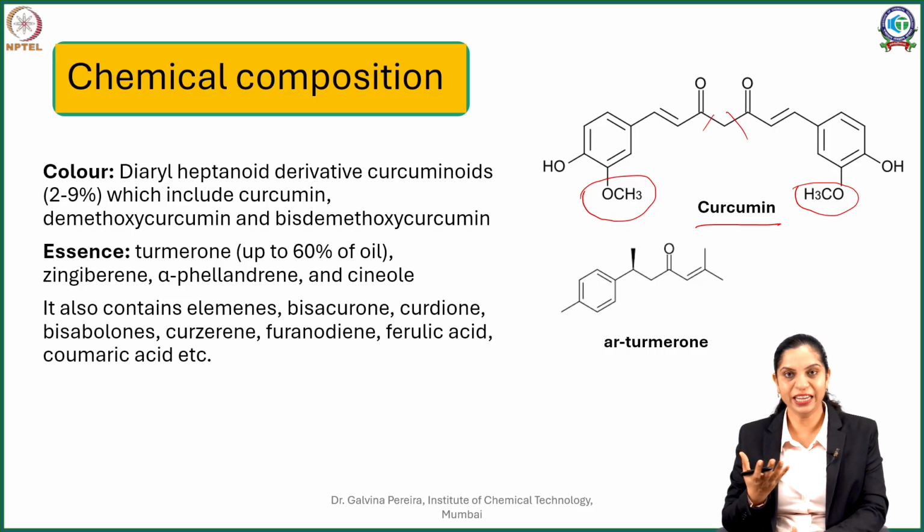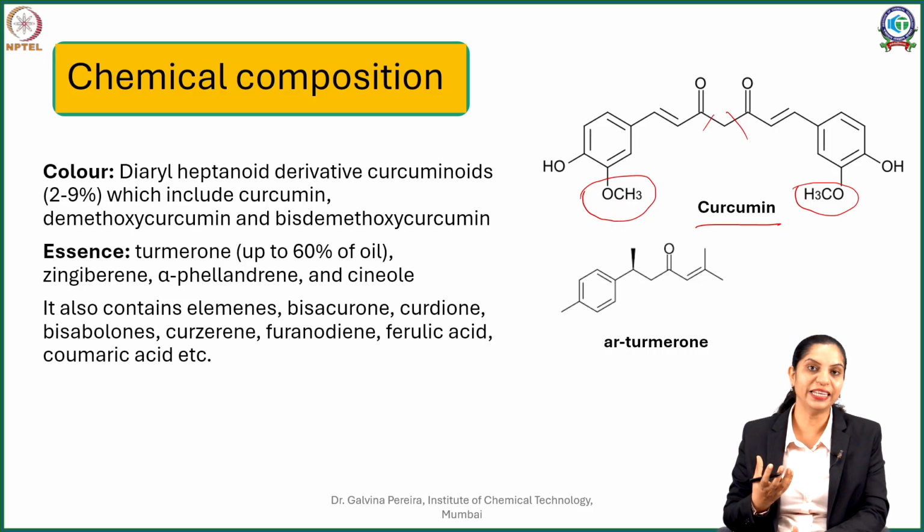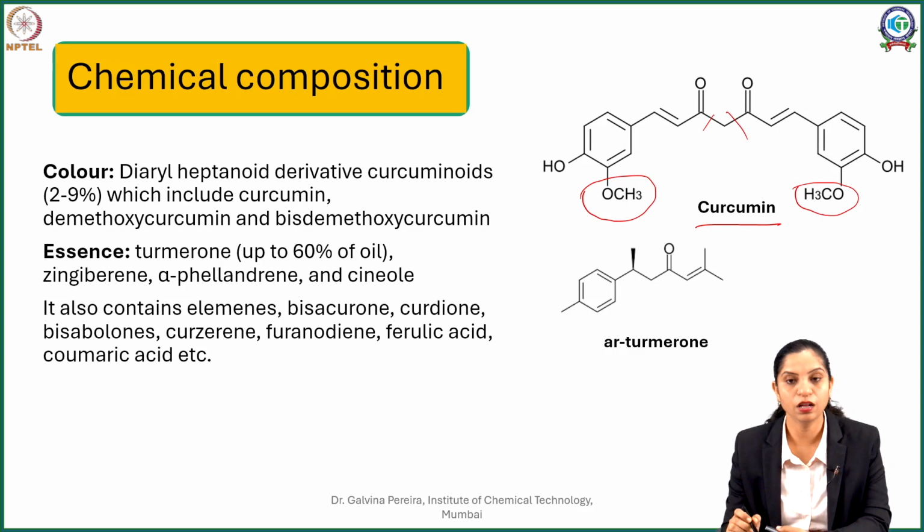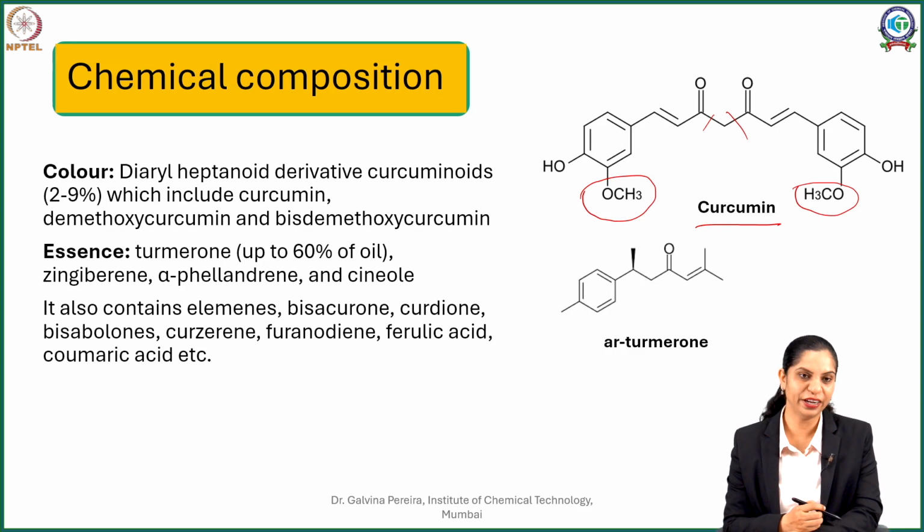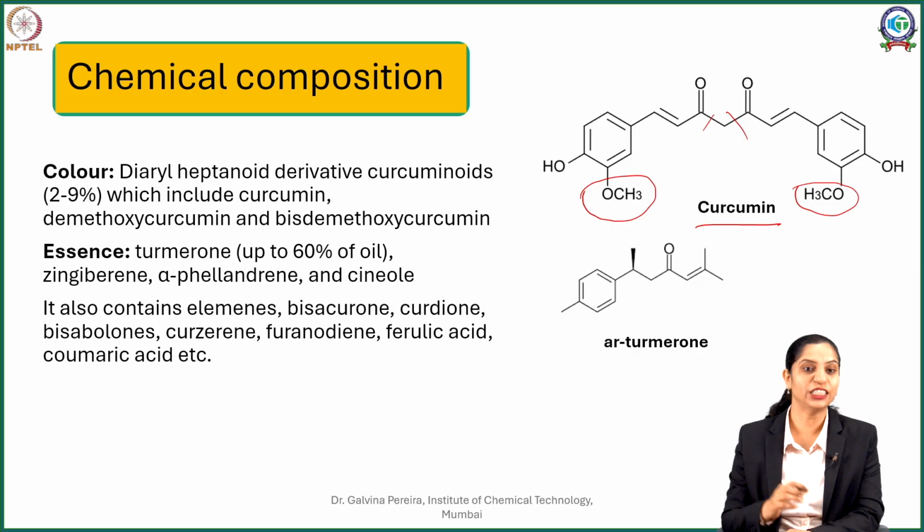Now when you are taking a curcuma or your haldi, the aroma of it is due to the presence of a compound which is your ar-turmerone. So ar-turmerone is again a terpenoidal derivative, a sesquiterpenoidal derivative, and if you see your turmeric oil, your ar-turmerone makes up almost 60% of your essential oil.